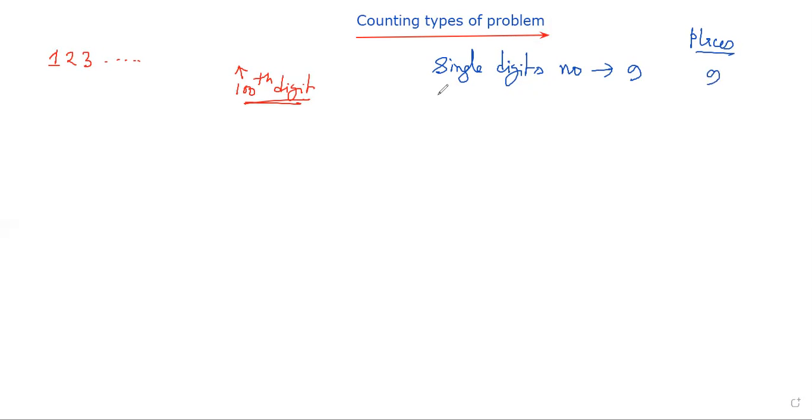After that, two digit numbers. How many two digit numbers will I write to get the 100th digit, that is important. But in total how many two digit numbers are possible? It would be 90. 90 means there will be 180 digits they will occupy.